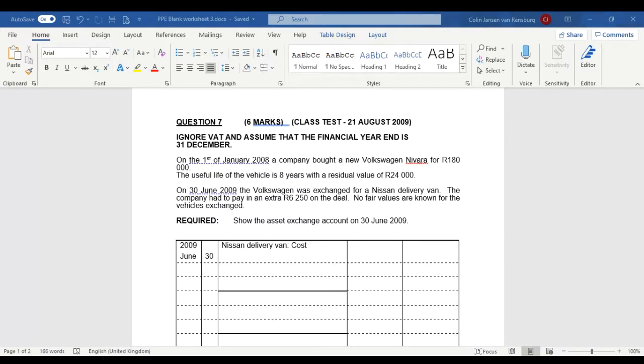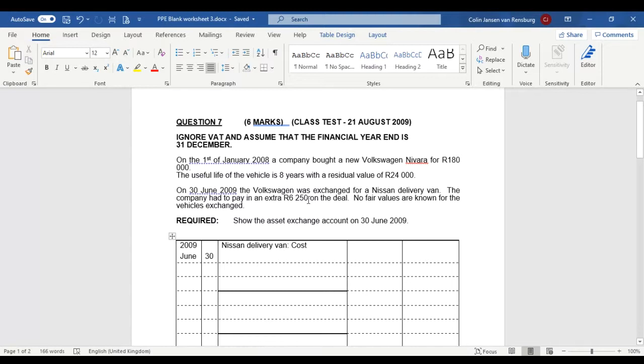So we are looking at the carrying amount of this Volkswagen Navara on the 30th of June 2009. So let's maybe go and calculate that. I hope you have a calculator with you. I haven't got one with me. I can open the one on the computer, but let us just go and have a look.